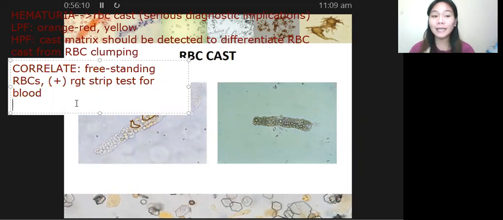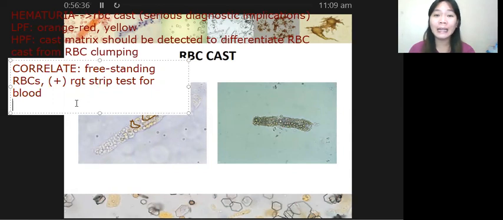Okay, so kung RBC cast, ang hahanapin mo ay kung bleeding. Okay, kung bleeding within the nephron ang hinahanap natin, dapat may free-standing RBCs at merong positive na reagent strip test for blood.